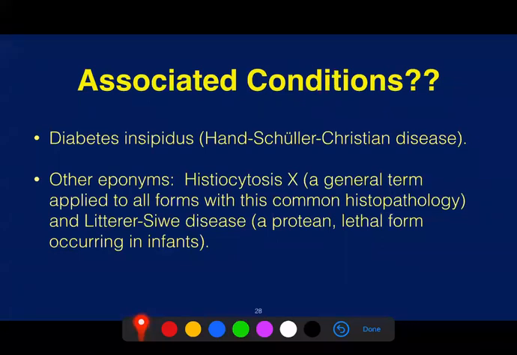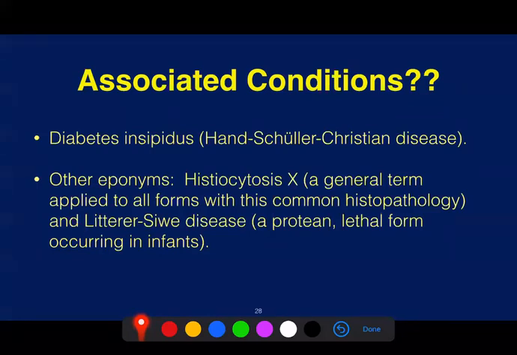Especially in diabetes insipidus, you find it in Hand-Schüller-Christian disease. As you mentioned, there are others. Again, it's a spectrum of diseases. So histiocytosis X is a general term, and now there is also the disease you mentioned, the Letterer-Siwe disease.